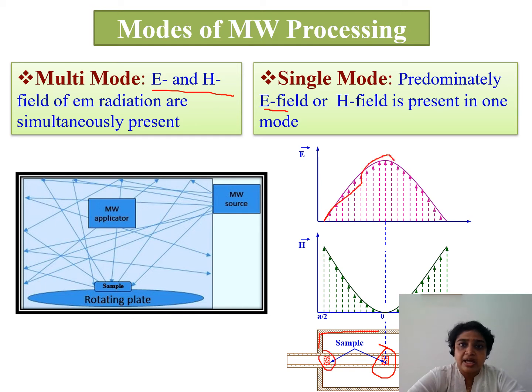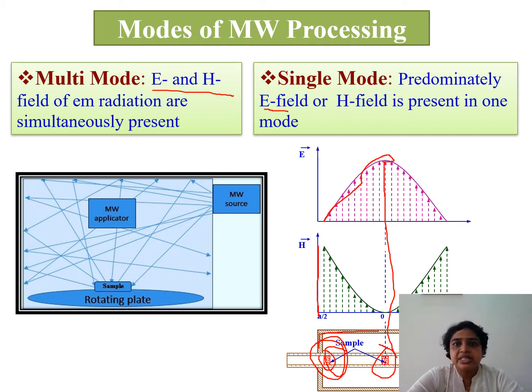You can see here the E field is maximum at this point, however the E field is 0 at this point, where the H field is maximum. We can get this geometry by designing our cavity, meaning the applicator.